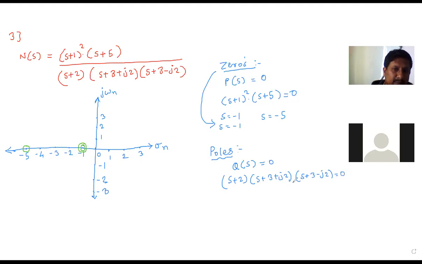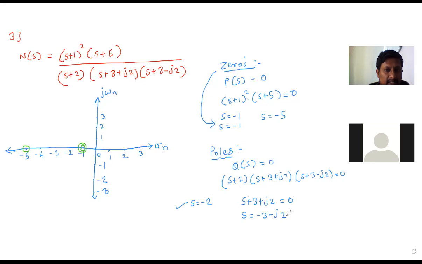So total 3 poles will be there. The first pole will be at s is equal to -2, since s plus 2 is equal to 0 means s is equal to -2. Now it is interesting. s plus 3 plus j2 is equal to 0. Keep s on the left side and take the rest to the right hand side, so that becomes -3 minus j2.